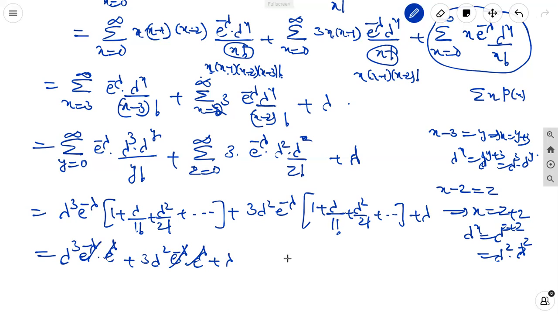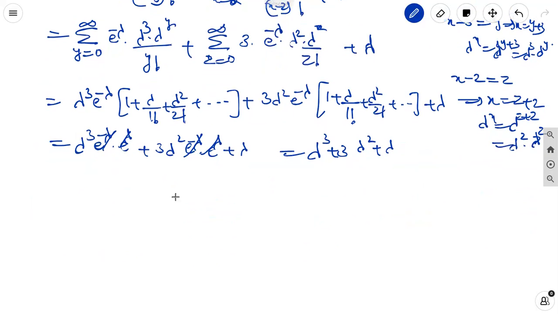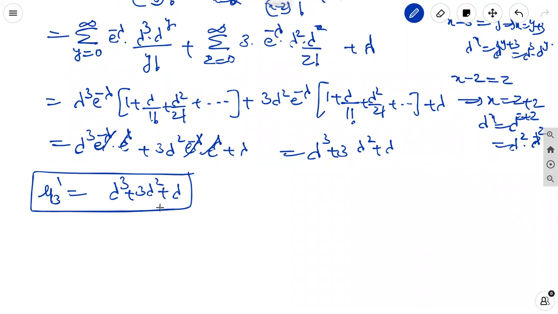These two get cancelled. We are getting lambda cube plus 3 lambda square plus lambda. This is the third moment. So we can write it as mu 3 dash is equal to lambda cube plus 3 lambda square plus lambda. It is the third moment.